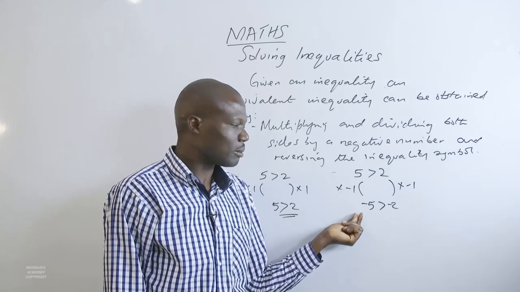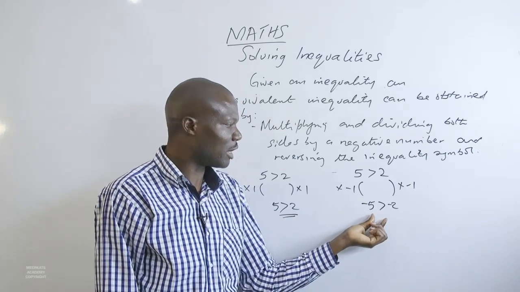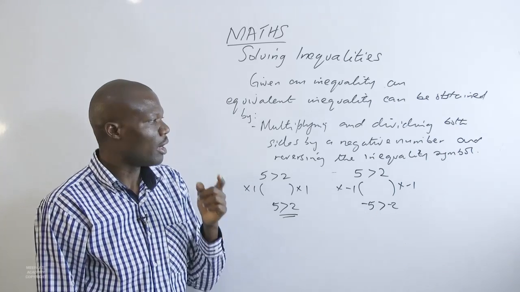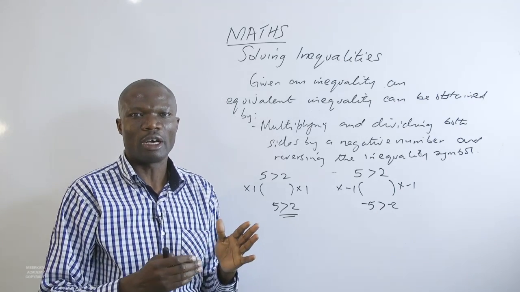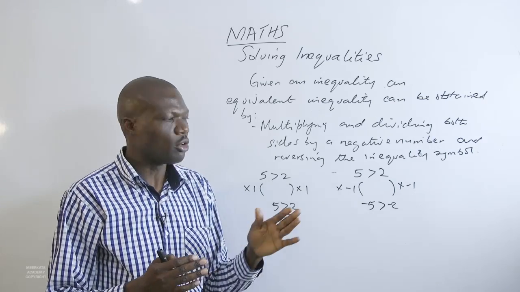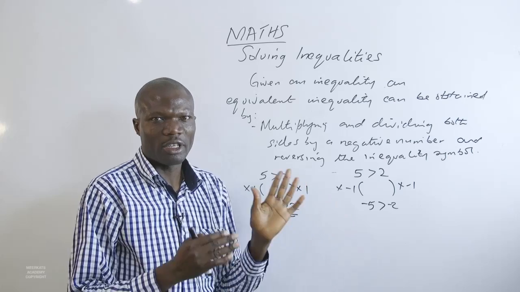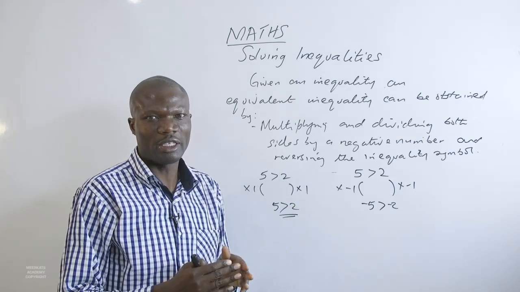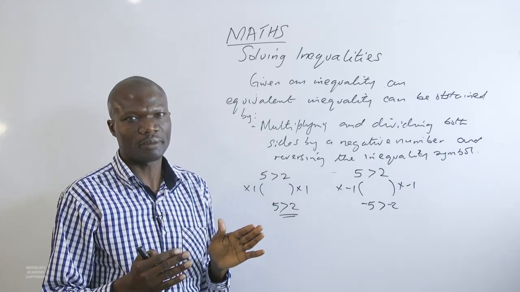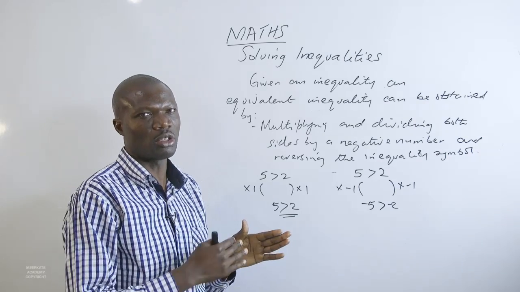But is minus 5 greater than minus 2? As we saw yesterday and in the previous lessons, you find that on a number line, the numbers that are on the left-hand side are smaller in value than those on the right.